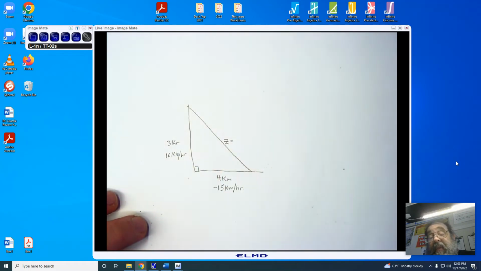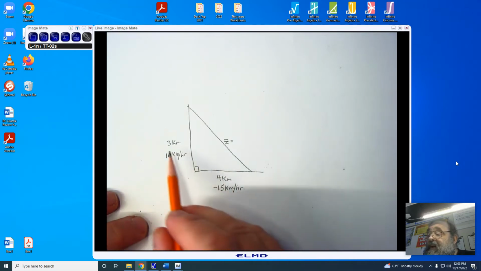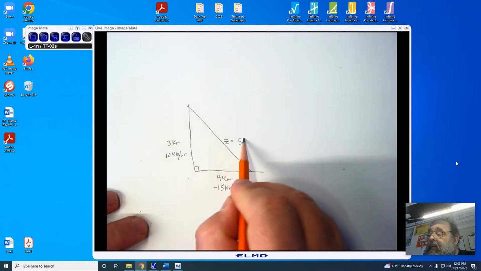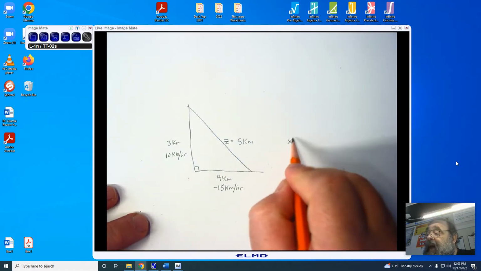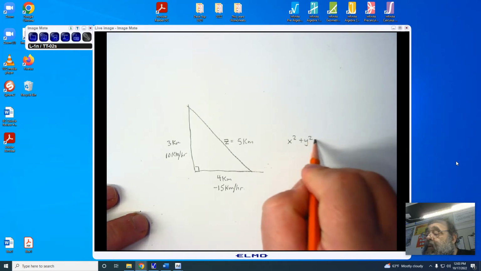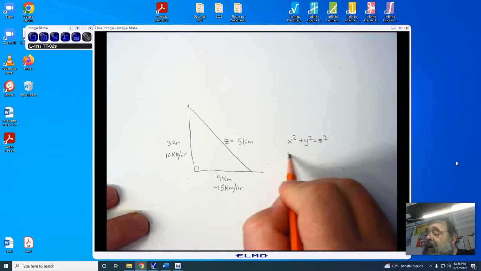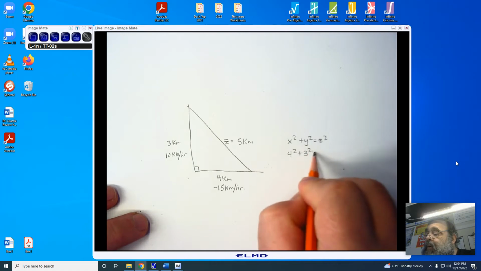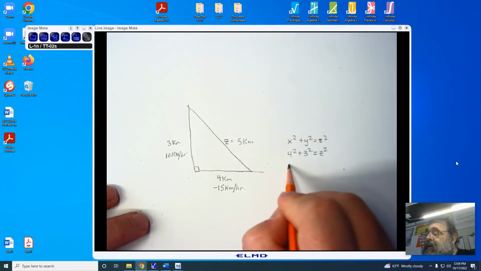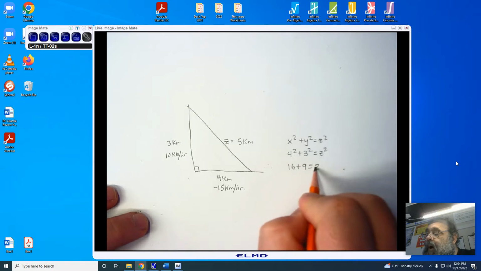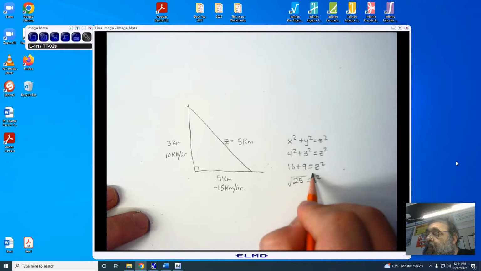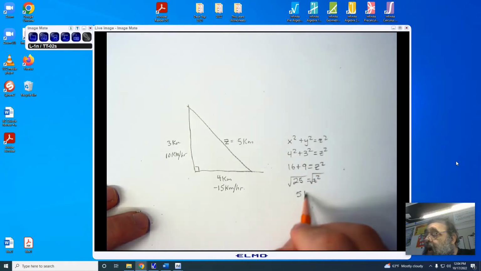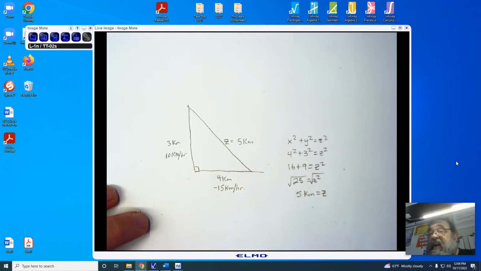Now, if you know your Pythagorean triplets from your geometry, then that will help you. Because this is a 3, 4, 5 triangle, and therefore I know it has to be 5 kilometers. If I'm using the Pythagorean theorem, x squared plus y squared equals z squared, which is going to leave me with 4 squared plus 3 squared equals z squared, which is 16 plus 9 equals z squared, which is 25 equals z squared, and I take the square root on both sides to get the 5 kilometers, and that is z.